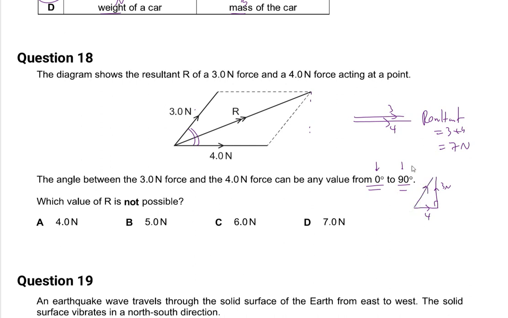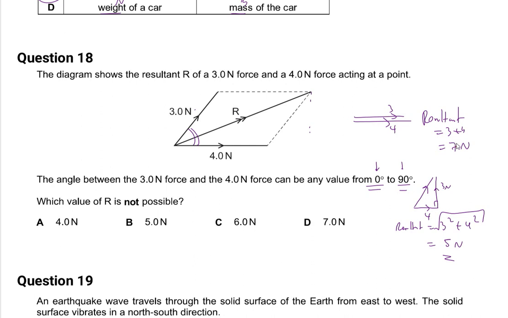Therefore the resultant force is going to be Pythagoras theorem. So resultant force is going to be 3 squared plus 4 squared, square root the entire thing. So 9, 16, 25, so 5 Newton.